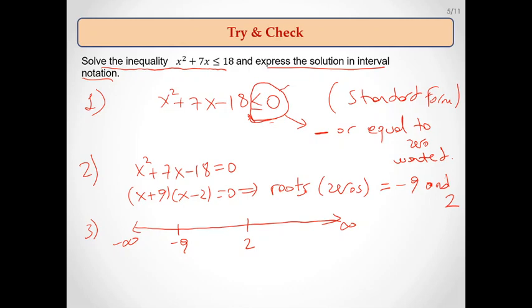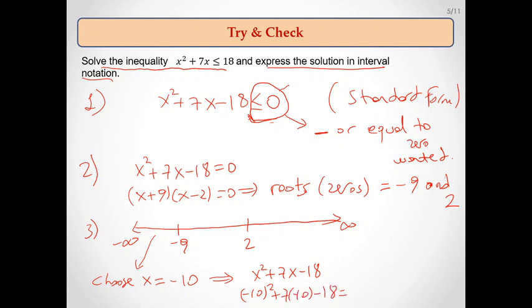And then choose a point here. Choose x equal to, let's say, minus 10. If you substitute this in x squared plus 7x minus 18, you get negative 10 squared plus 7 times negative 10 minus 18.